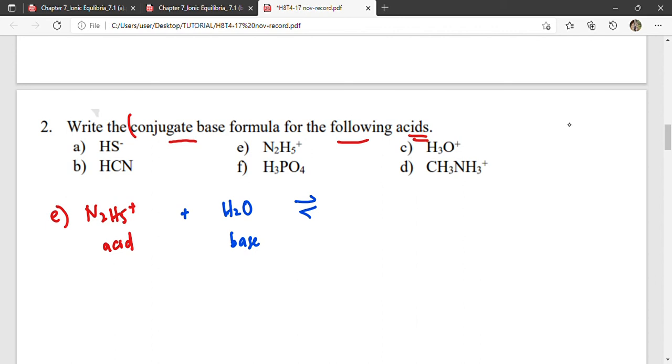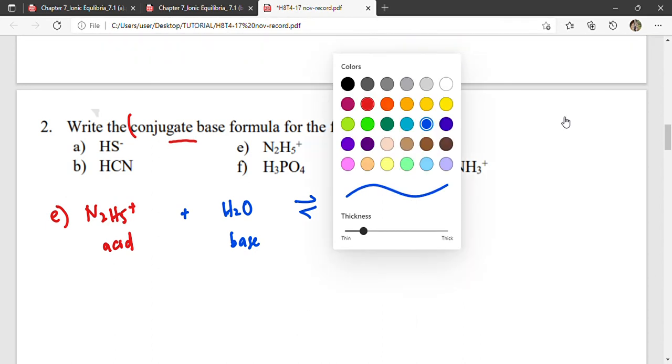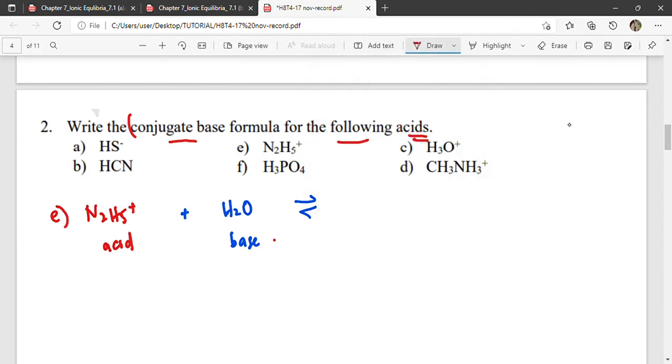And remember that N2H5 plus is the acid, and if it acts as an acid for the Bronsted-Lowry, the acid will donate its proton to H2O. So you minus H plus here, then you will get N2H4 with H3O plus.